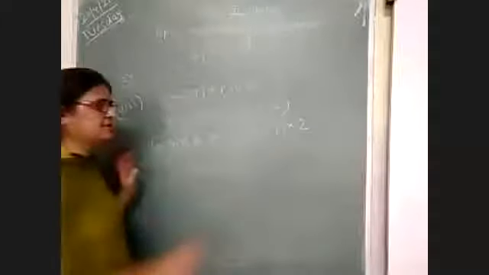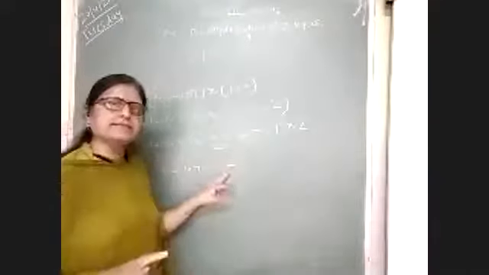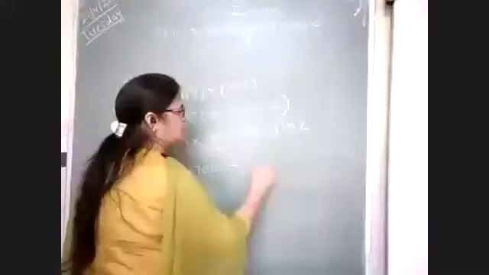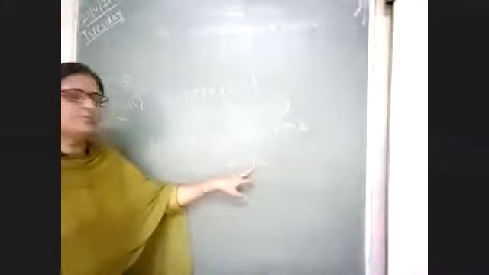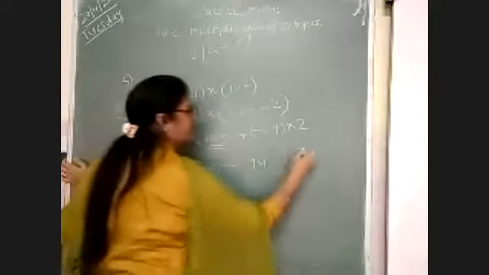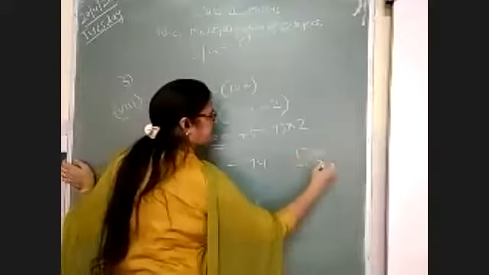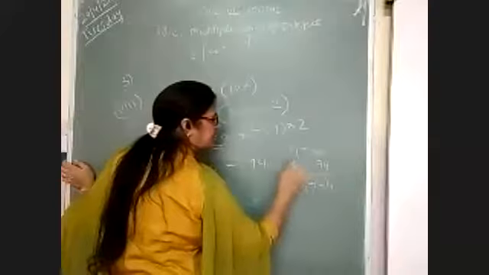4700. Okay. Then plus minus. Plus when the negative, the result is negative. 47 multiplied by 2, the sign is negative, and 47 multiplied by 2 is equal to 94. When both numbers are in negative form, and when we add them, we add the numbers and put the negative sign here.